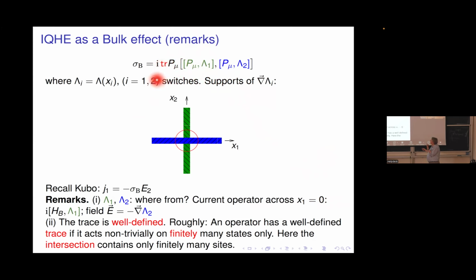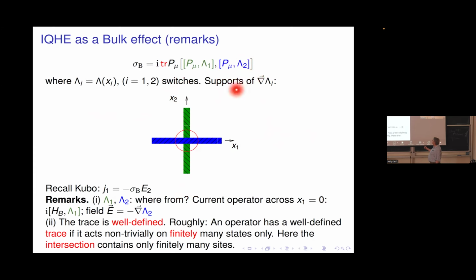And so you realize that the states on which this operator acts substantially are only those where lambda 1 is not constant. If lambda 1 is constantly 1 or constantly 0, it's irrelevant. Only the relevant ones out of the states localized here in the green region are important.